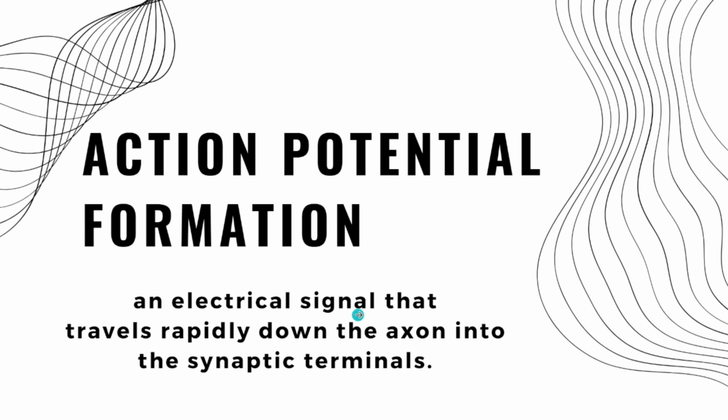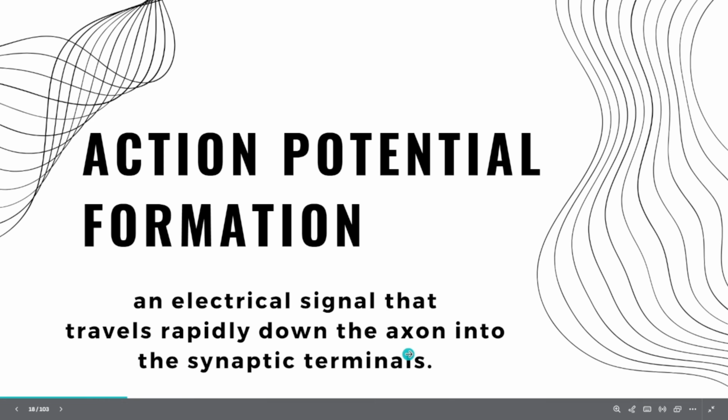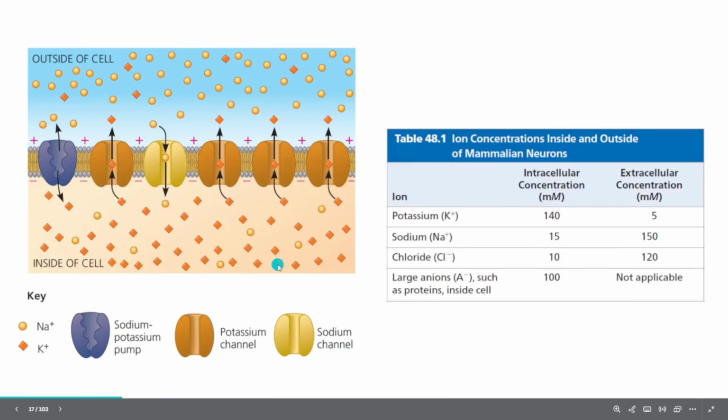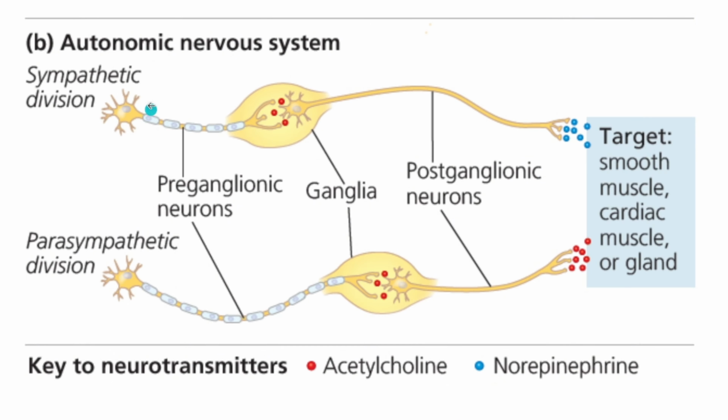It is an electrical signal that travels rapidly down the axon to the synaptic terminal, meaning that when the receptor here receives the signal, the impulse is transmitted until the synapse here. Along this way, we call it the action potential.